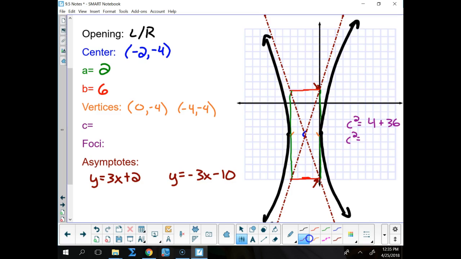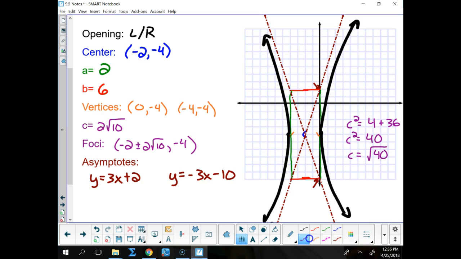So C squared is 40. So C is the square root of 40. Can the square root of 40 be simplified? To what? 2 square roots of 10. Foci then, since it's horizontal, are going to be at -2 plus or minus 2 square roots of 10, comma, -4.